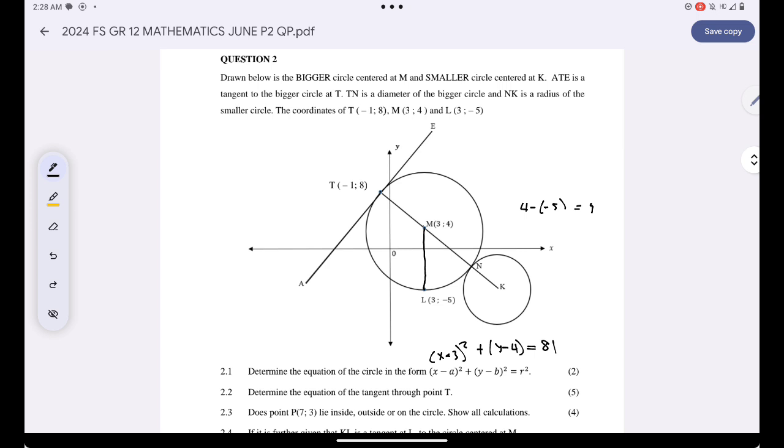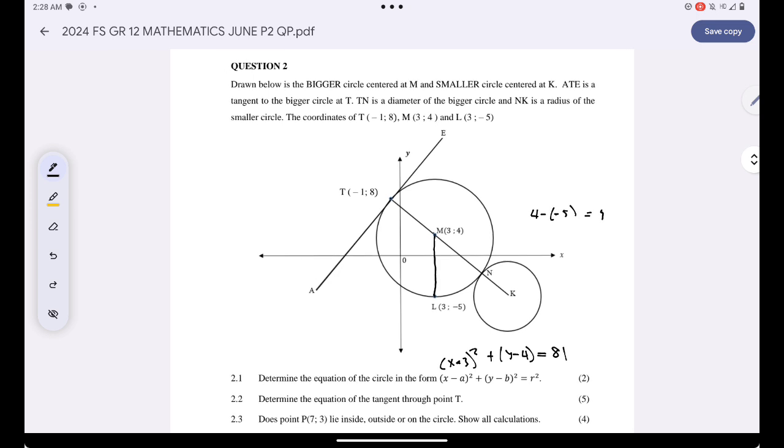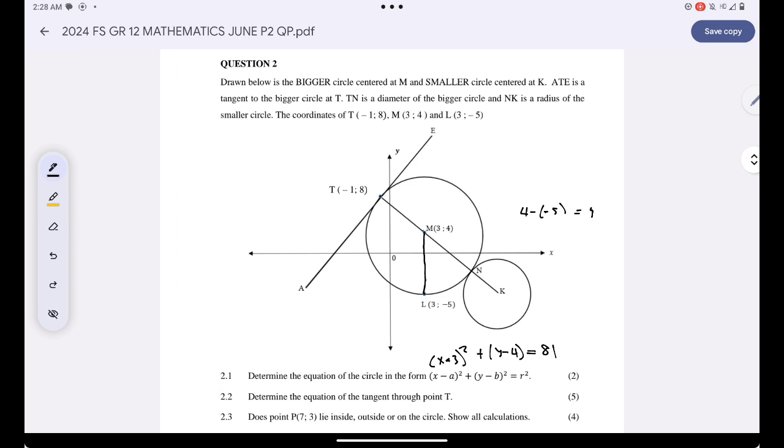Not a radius, rather it's a point and the gradient of that line, excuse me guys. And for us to find the gradient of that line, we can just use the gradient of the radius. If we can find the gradient of the radius, we can simplify the gradient of the tangent by using the fact that they are perpendicular.